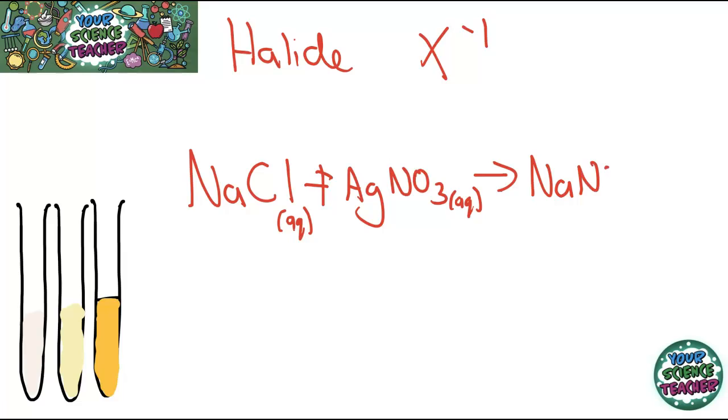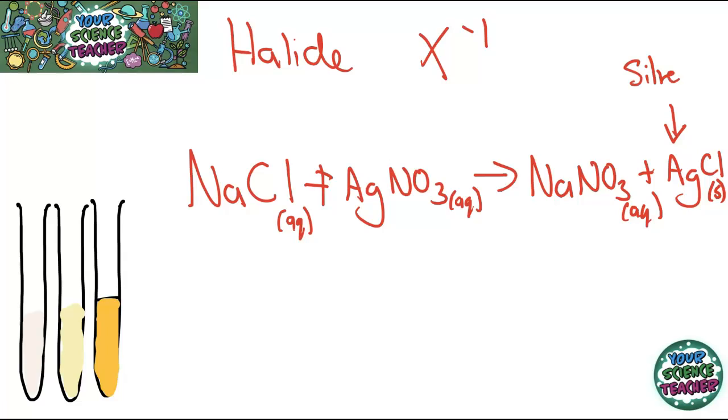So let's do my sodium nitrate, which would be NaNO3, and I'll make my silver chloride, AgCl, and this silver halide, this makes a precipitate. So that's a solid that will be suspended in that silver nitrate solution, and we'll be able to see this.